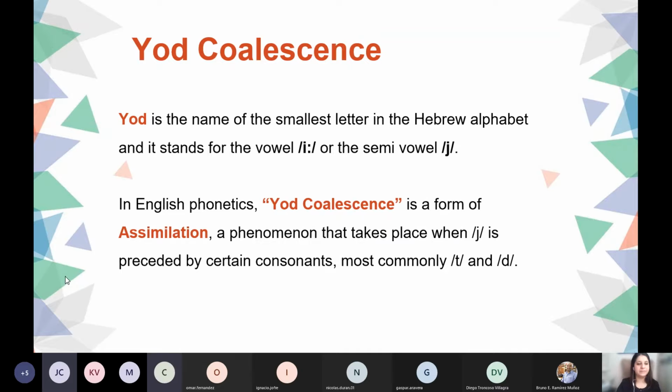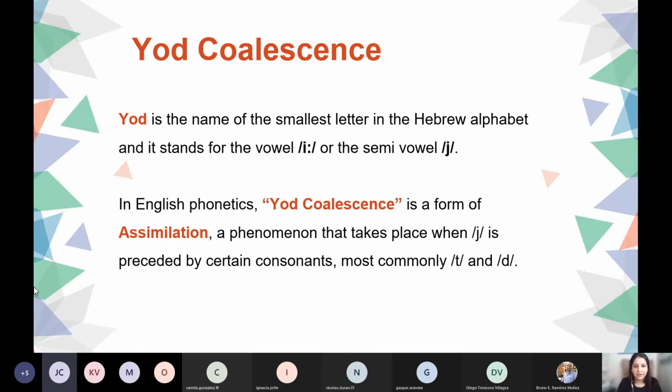In English phonetics, yod coalescence is a form of assimilation, a phenomenon that takes place when J is preceded by certain sounds, most commonly T and D. Thank you very much. That is correct.